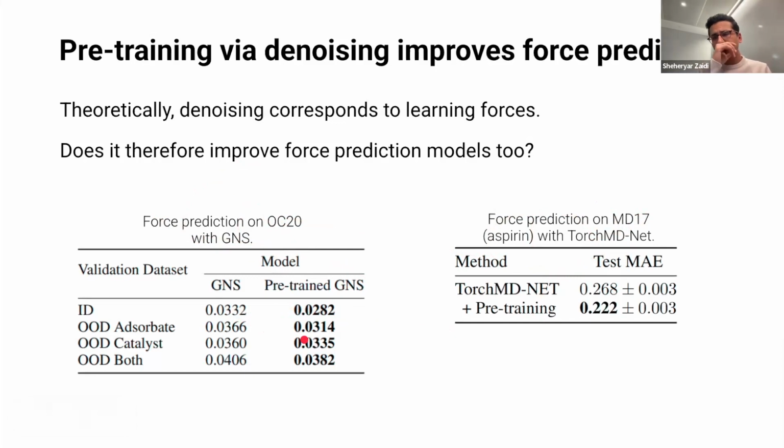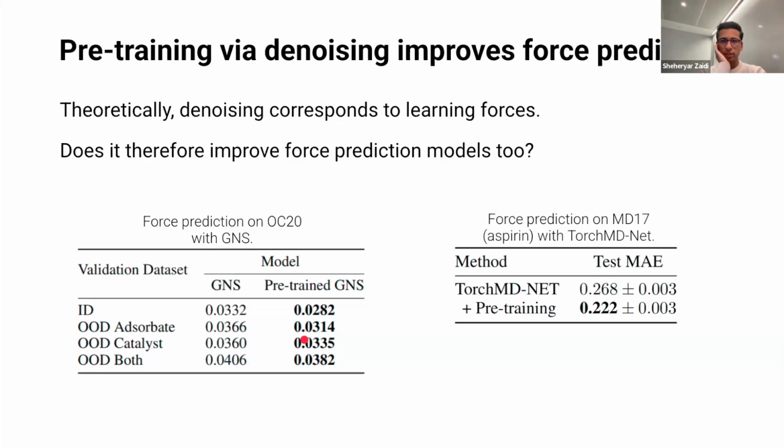We played with this architecture called Torch MDNet, a transformer-based architecture, which is a really nice architecture and not a huge one, so you can train it relatively fast. And basically we found the same thing: on QM9 you can improve results, and on MD17 improve results, by doing denoising pre-training on PCQ with it.